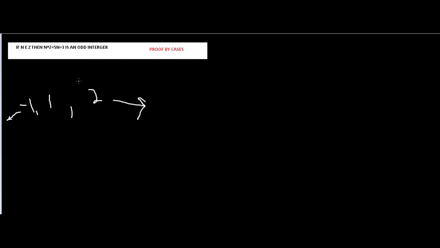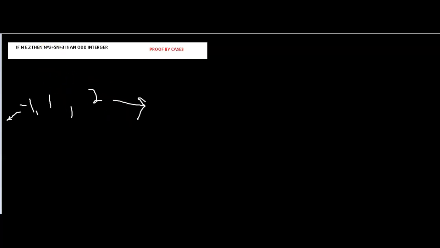If we have a case where n is even and then a case where n is odd, then I'm covering every single integer. Think about it. If n is even, it'll cover all the integers, right? Minus 5, minus 4, minus 3, 2, 1, 0, 100, 9. If I cover all even and then all odd, it covers every single integer in the universe, right?